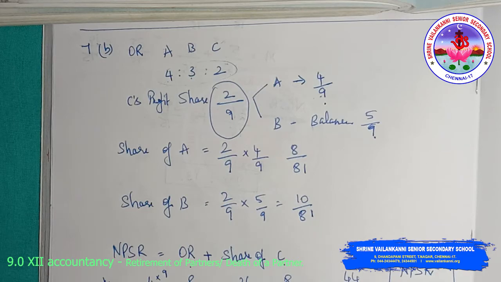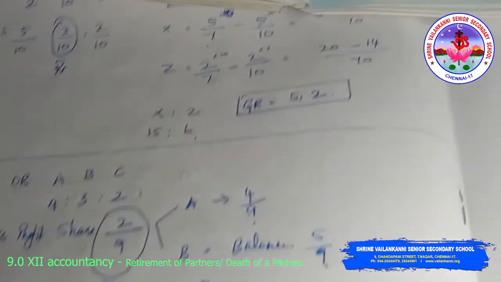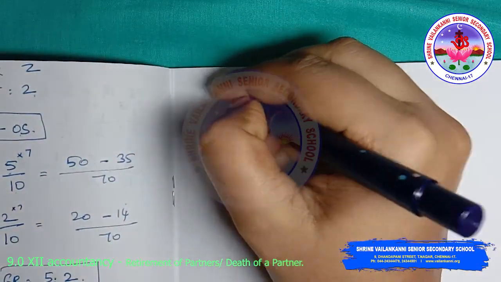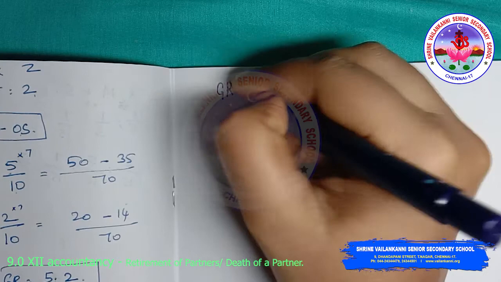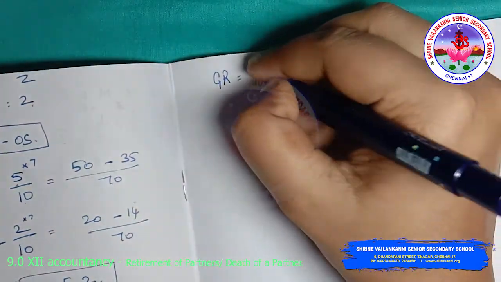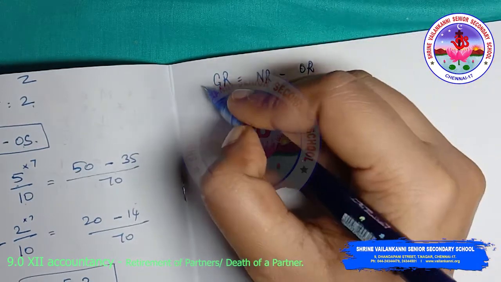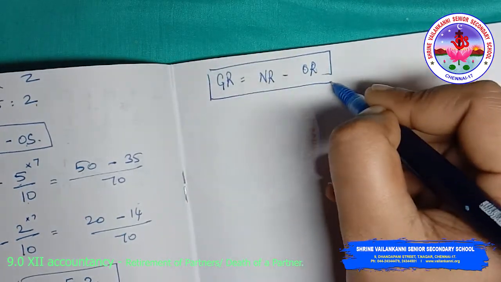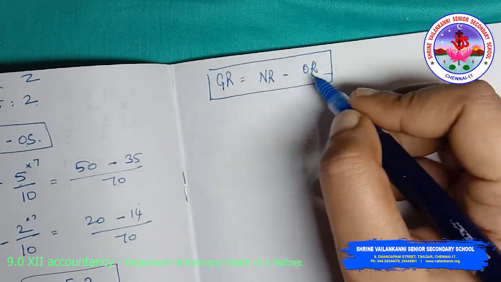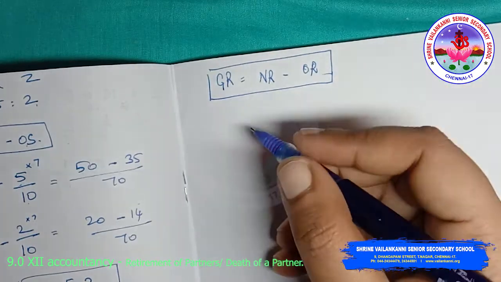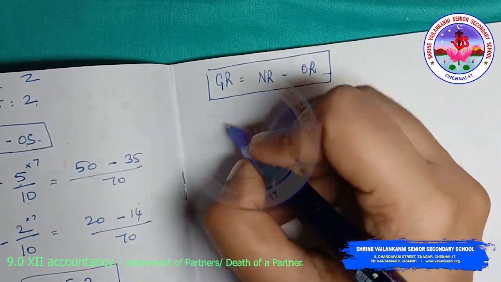And what is the gaining ratio? We need to calculate the gaining ratio. Gaining ratio is always new ratio minus old ratio, or new share minus old share. So what is the new ratio of A?